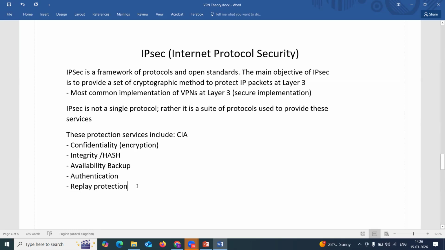Replay protection is a mechanism which verifies data going from initiator to responder and responder to initiator, with some nonce value. There is a term used called a nonce value.